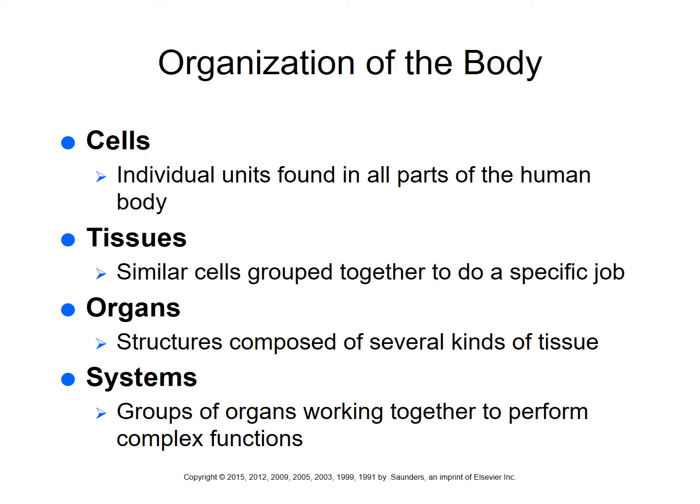So within an organ, you may find different types of tissue. And then we've got groups of organs that work together to perform complex functions, like the respiratory system and the digestive system, and so forth. So cells to tissues to organs to organ systems.